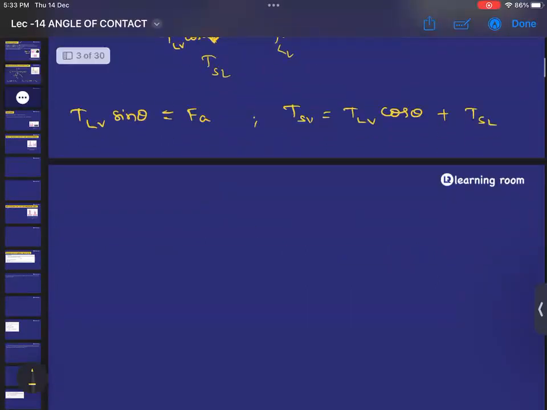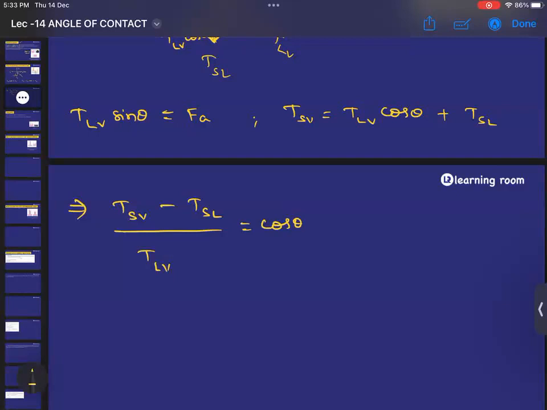Okay. So from this, can I say TSV minus TSL divided by TLV is equal to cos theta? Yes or no? Yes, sir. Now you tell me one thing.